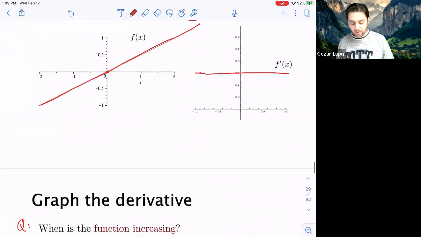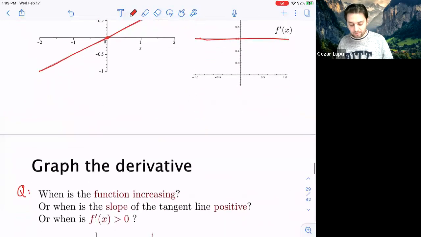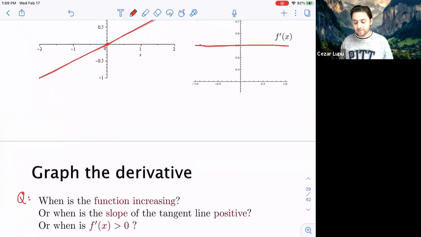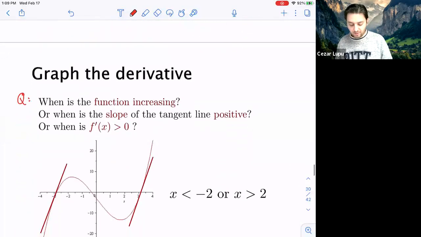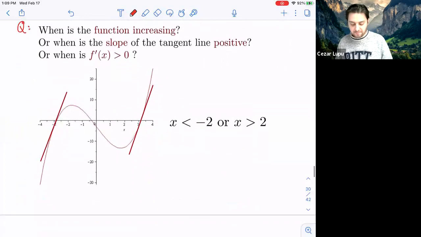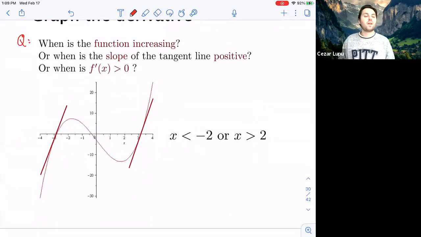So going back to our question, when is the function increasing? Or when is the slope of the tangent line positive, basically? So let's look at this graph. So when f prime of x is positive, when x is less than -2 or greater than -2, what do you think?